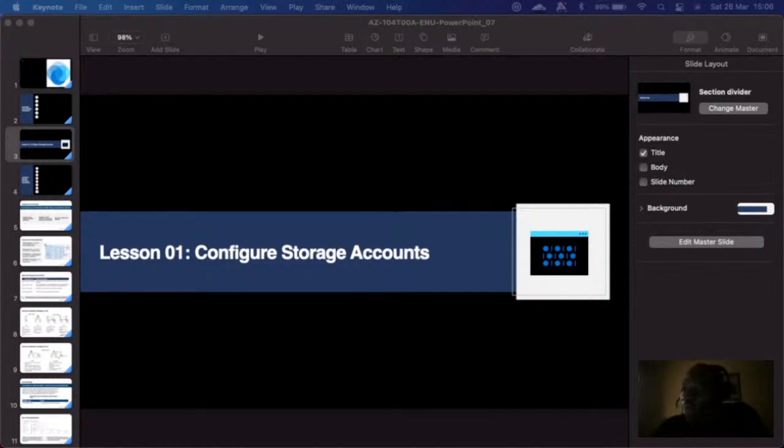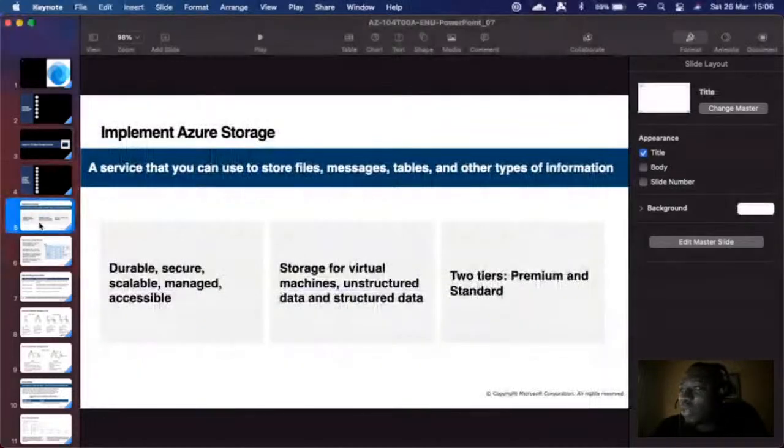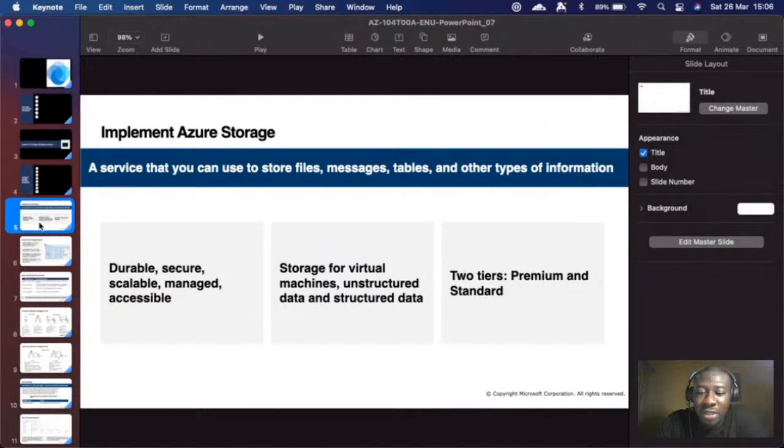So we will be progressing to talk more on implementing Azure Storage. I'm sure some of you must have heard about what Azure Storage is all about, but probably you're wondering, how does this affect me and how do I make good use of this service?